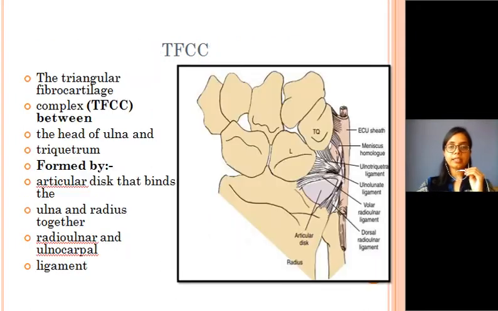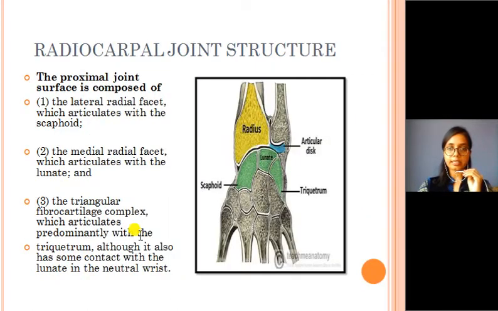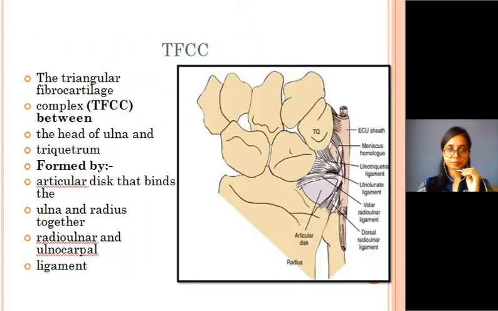Now, this articular disc is known as the triangular fibrocartilage complex. It is of utmost importance. As you can see, this is a triangular fibrocartilaginous complex. It is formed by the articular disc that binds the ulna and radius together. As you can see in this, it is a binding agent between the radius and the ulna.